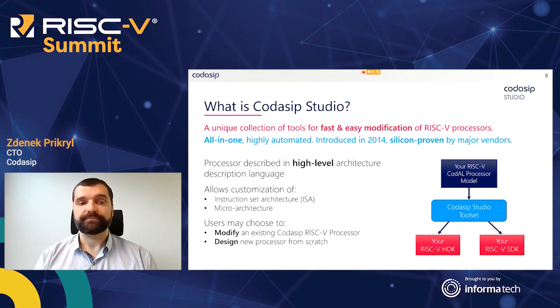Then you can use this for design from scratch, because the studio is designed in this way, or you can use it for customization of the processors that I just showed you. Every single processor that we provide is designed with this methodology. So it allows you to do any modification that you can think of.